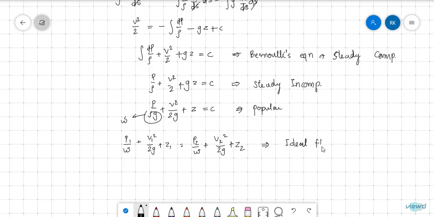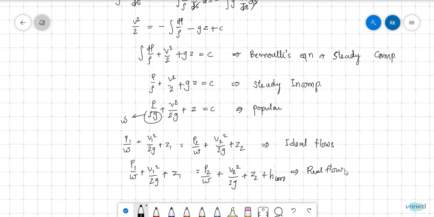There is no friction in the case of ideal flow. If p1/w plus v1²/2g plus z1 is equal to p2/w plus v2²/2g plus z2 plus head loss, this is for real flows. So what are these values?